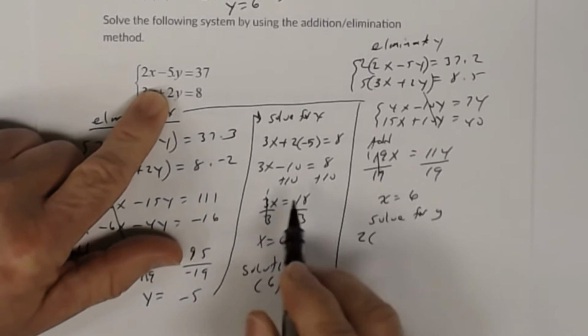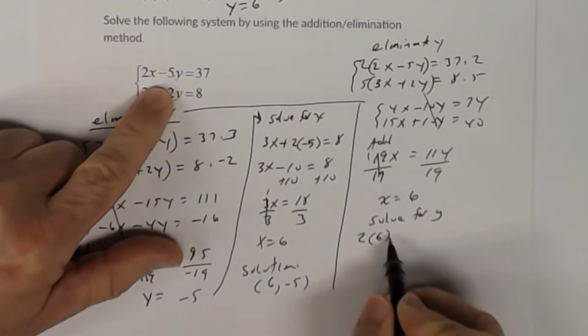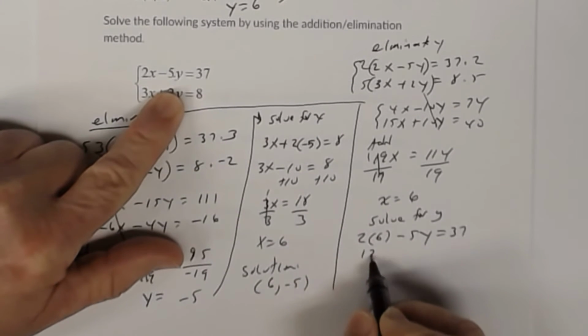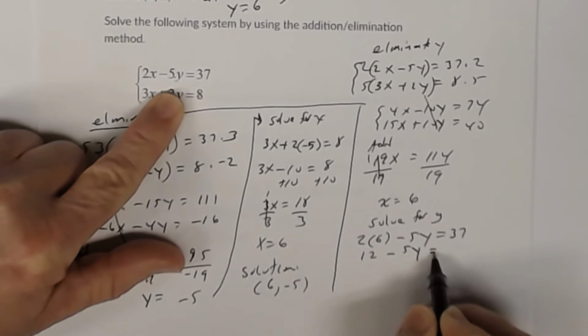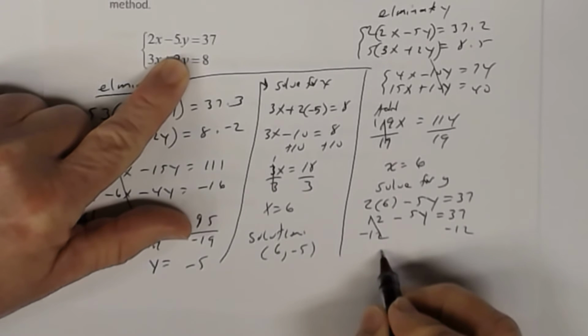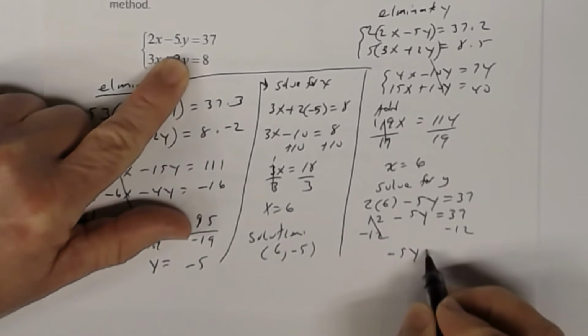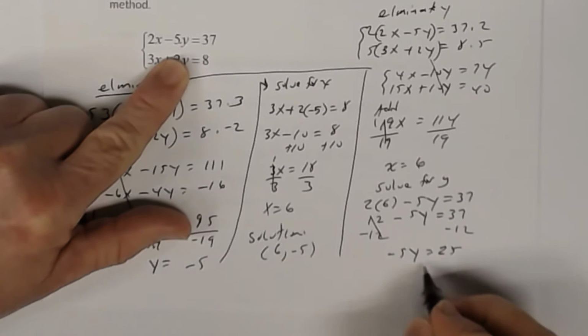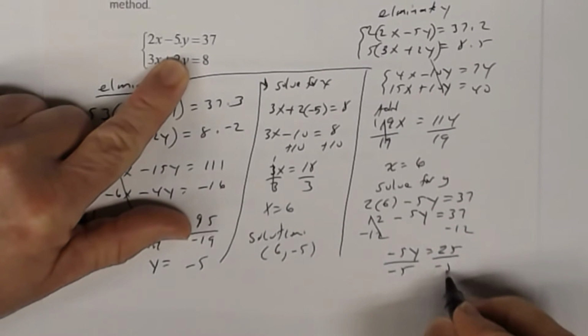So we're going to say 2 times x, which is 6, minus 5 times y equals 37. 2 times 6 is 12, so you get 12 minus 5y equals 37. Subtract 12 from both sides. I get negative 5y equals 37 minus 12, which is 25. Divide both sides by negative 5.